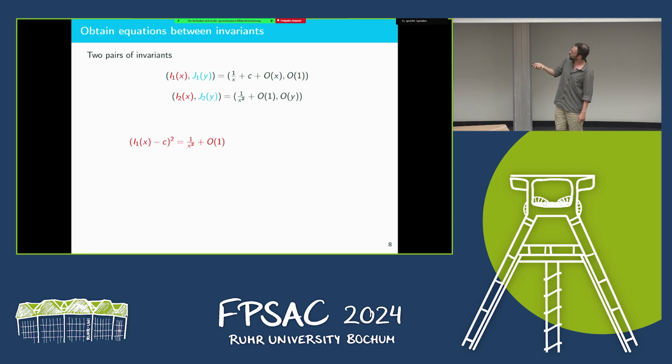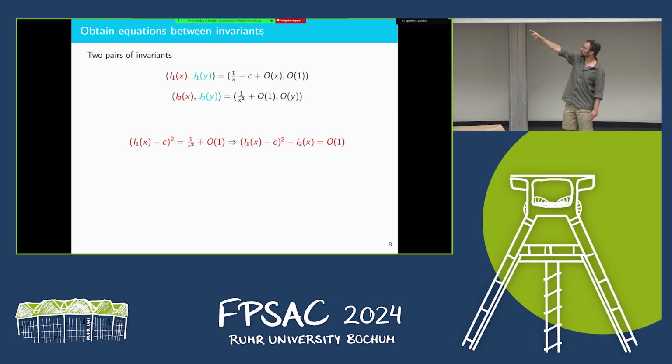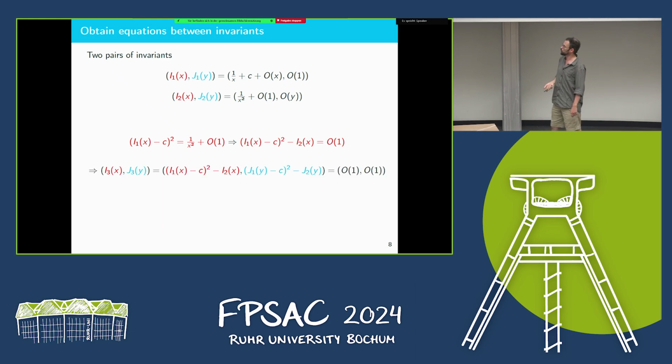What I can remark is, if I perform the following operation on I1, I get something in 1 over x2, which is precisely the expansion of the second pair. So I remove I2 to get something that is constant when x goes to 0. And so I perform the same operation on the 2 pairs, which gives me something that is constant in both coordinates.